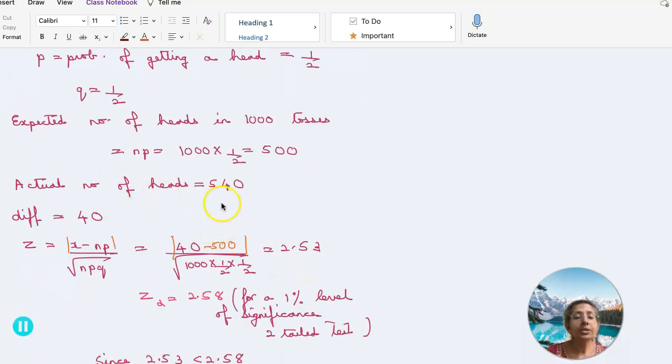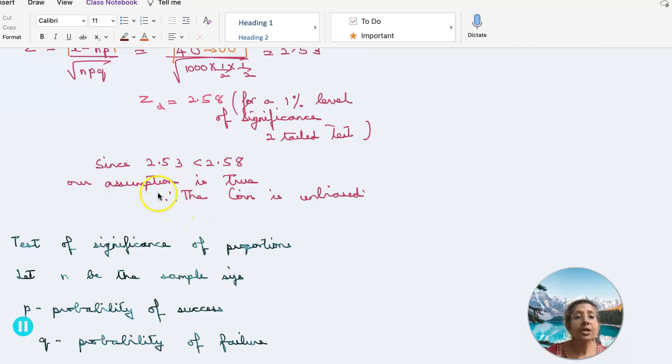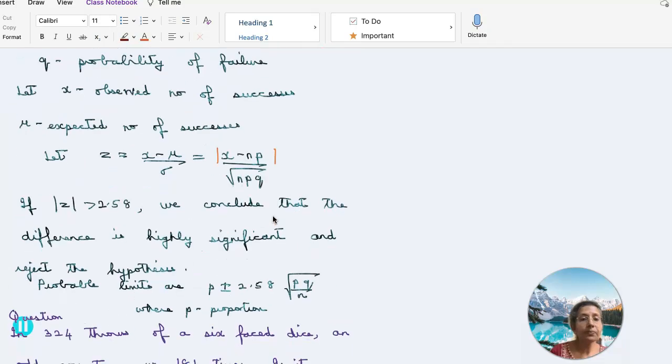The actual number of heads is given to be 540. The difference is 40. So z will be mod of 40 by root npq, which is 2.53, and z alpha is 2.58. Since 2.53 is less than 2.58, our assumption is true, so the coin is unbiased.